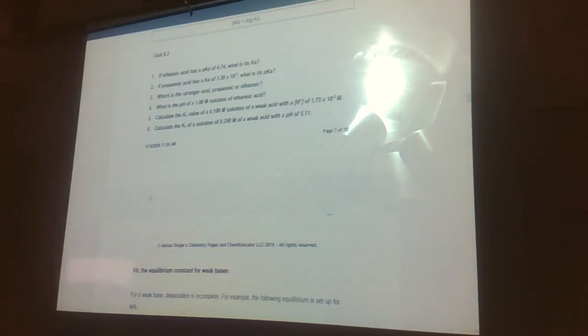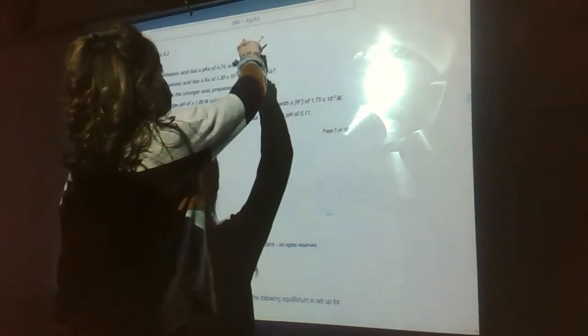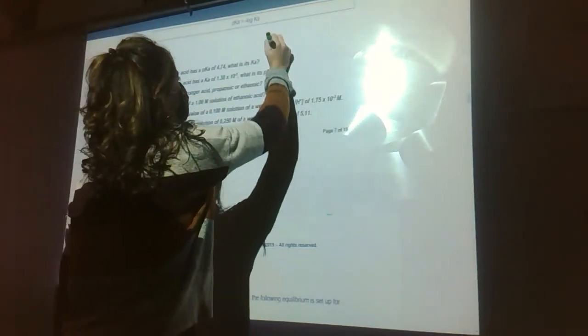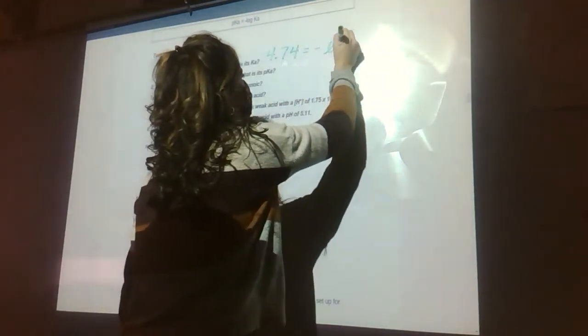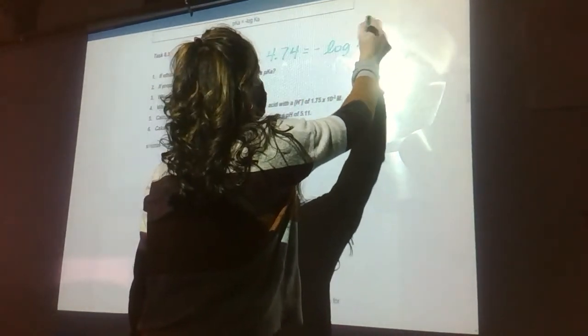Okay, let's work these examples at the bottom. If ethanoic acid has a pKa of 4.74, what is its Ka? So we just said that pKa equals the negative log, so we have 4.74 equals the negative log of Ka, and we're supposed to find Ka.